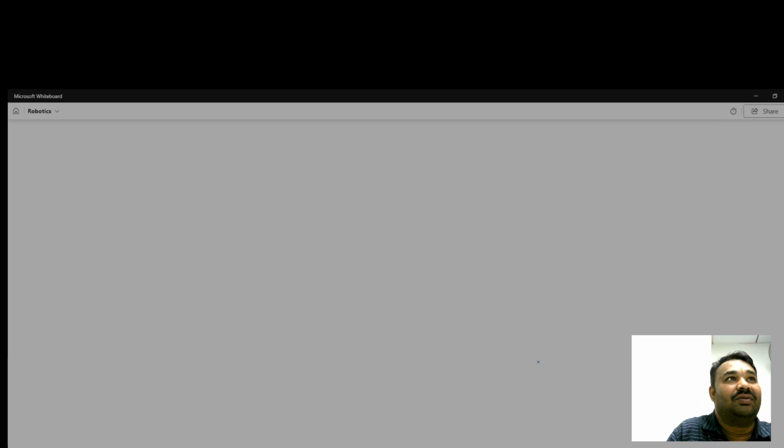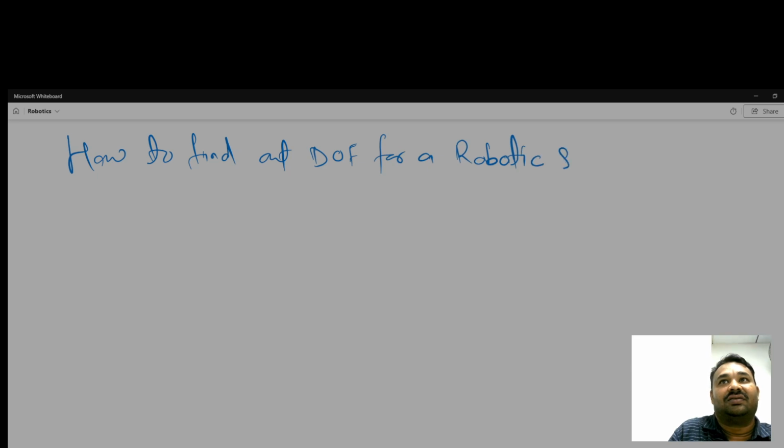Now let's talk about how to find out degrees of freedom for a robotic structure. Degrees of freedom is the minimum number of variables required to specify the system completely.